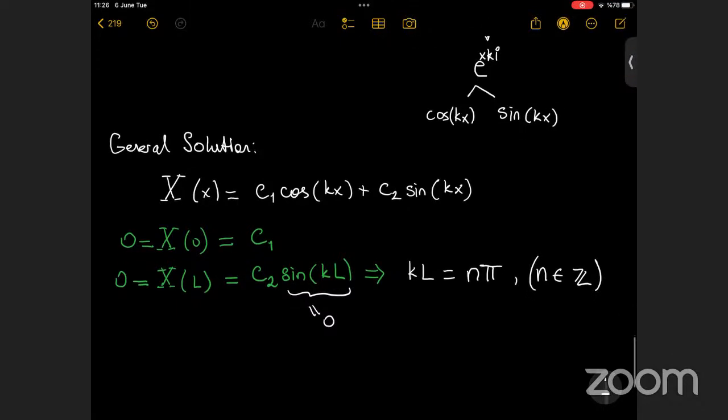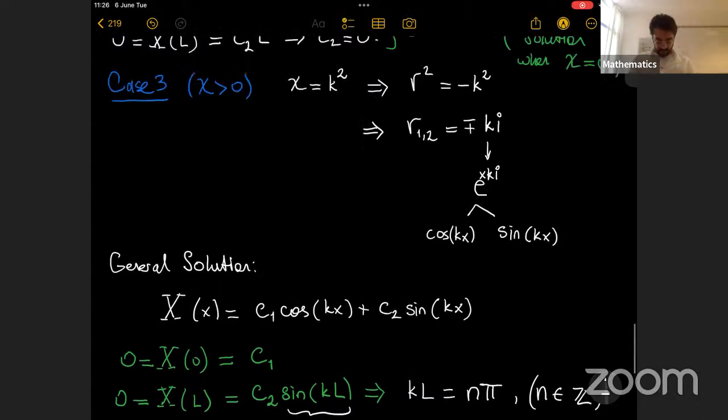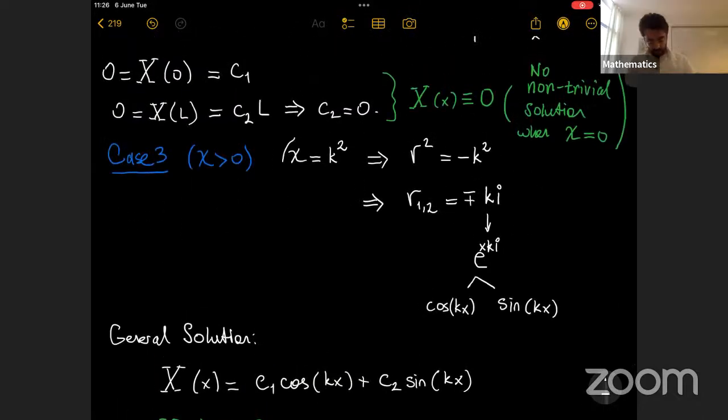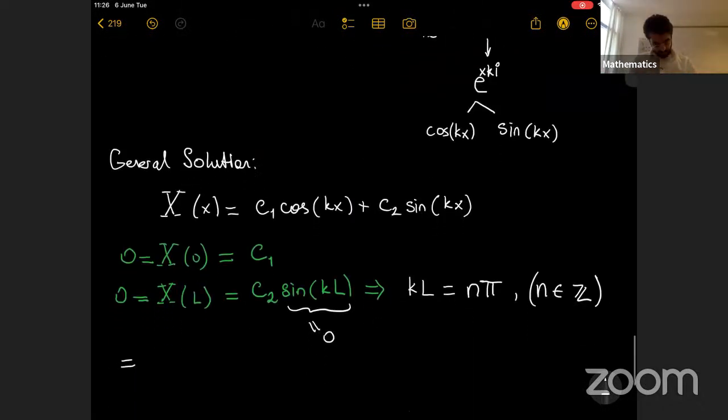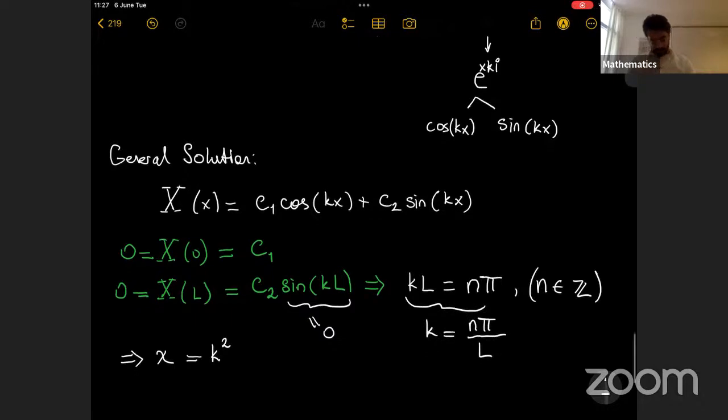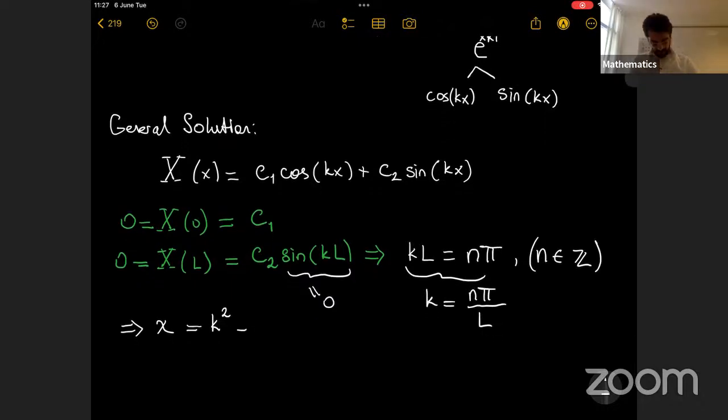Well, this implies that, what is k, by the way? Let's go back. So lambda is equal to k squared, right? So this says k is equal to n pi over L. So let's put this back in here.